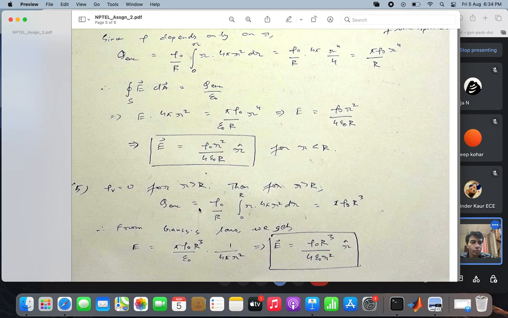So then what I do is I basically integrate from 0 to capital R to find the total enclosed charge. Clear? Alright. So if I do this integration, I get my value of the total enclosed charge, and from that I can calculate the electric field. So I get this answer.